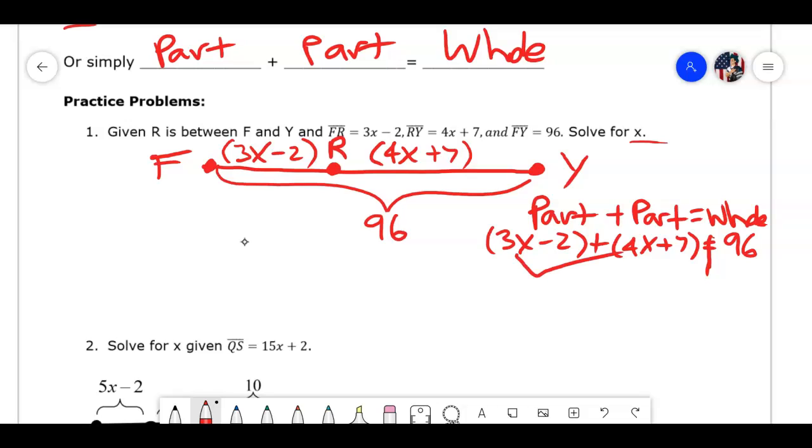Okay, 7x. And do you see how the negative 2 and the 7, they're both numbers. Those are like terms. Those match. So also if you have just constant numbers sitting there on the same side, those can also combine. So it's negative 2 plus 7, or 7 minus 2. 5. So plus 5, bring down equals 96.